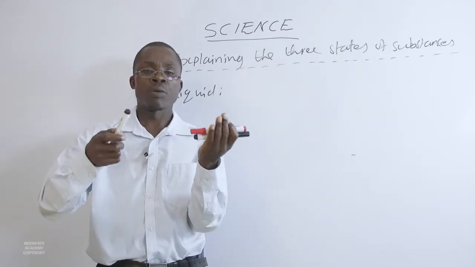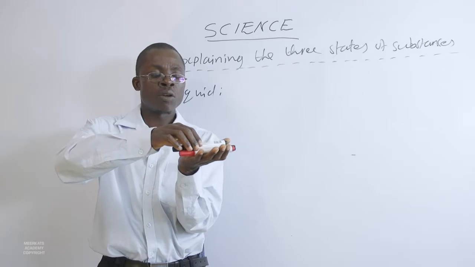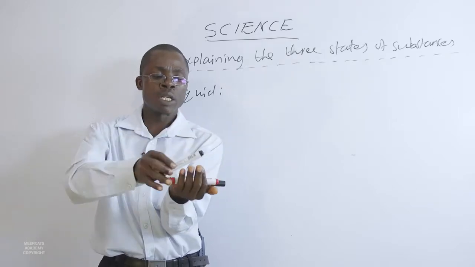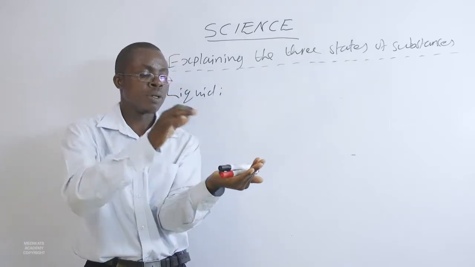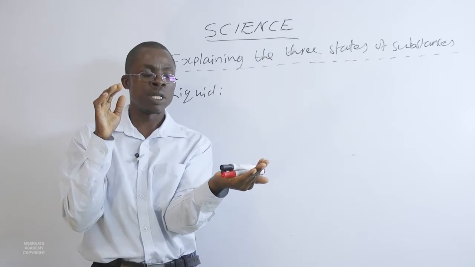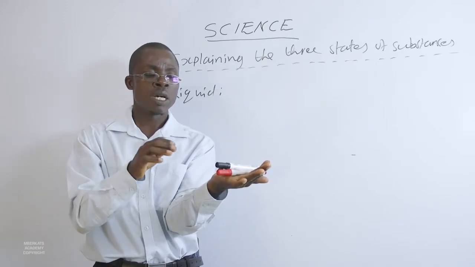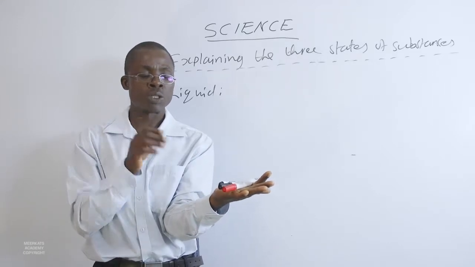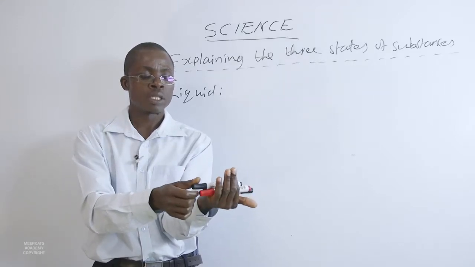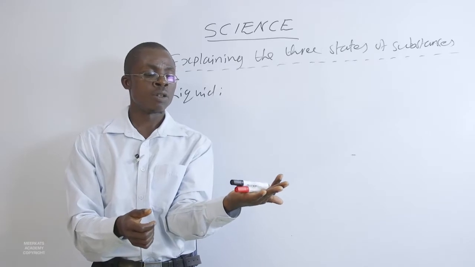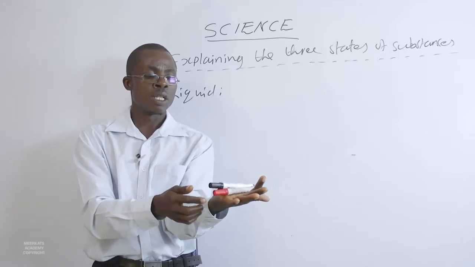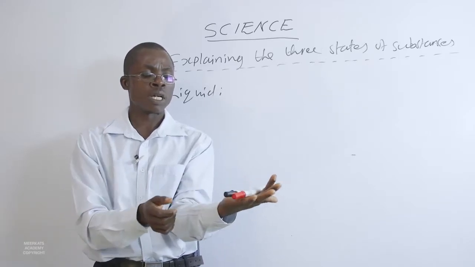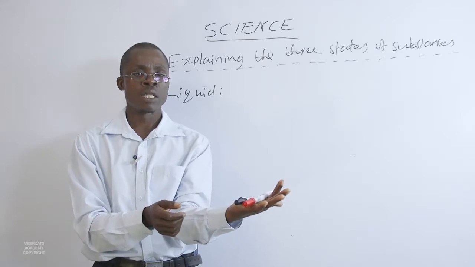These are liquid particles. They can roll if they were taking this shape. First, they can roll over each other until they change the shape. Now you can see it was raised, but now due to the rolling, they roll over each other and now it is flat.